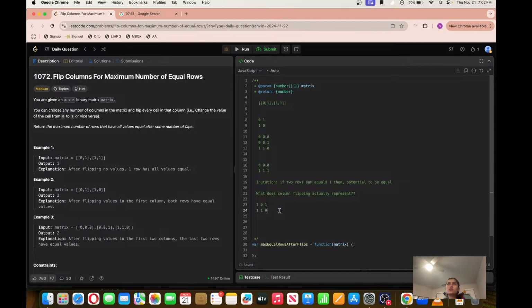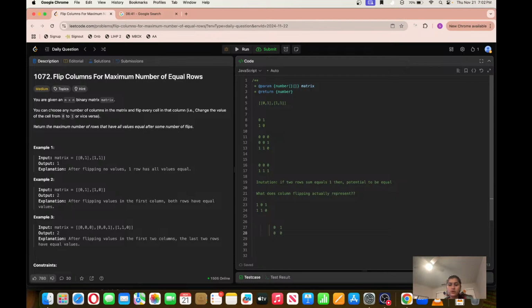So 0 and 1 in one column, I flip that, becomes 1 and 0. So here also it has to be 1 and 0, right? So if there is 0 and 1 in one column, and if I flip this, it will be 1 and 0. But here also it should be 1 and 0 only, for these two rows to be equal, right?